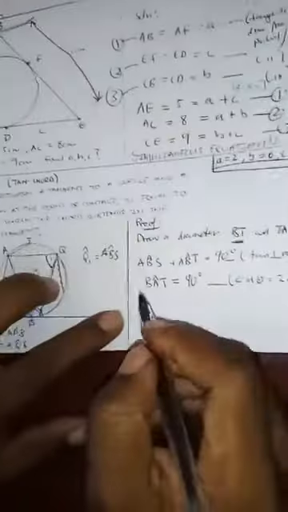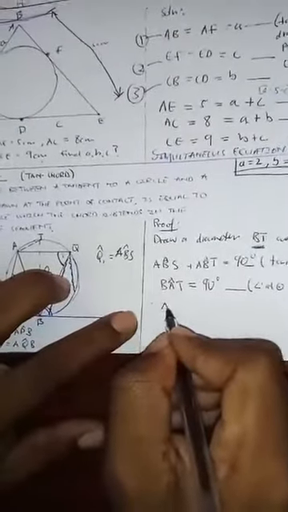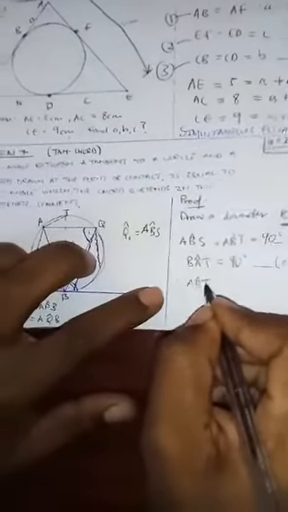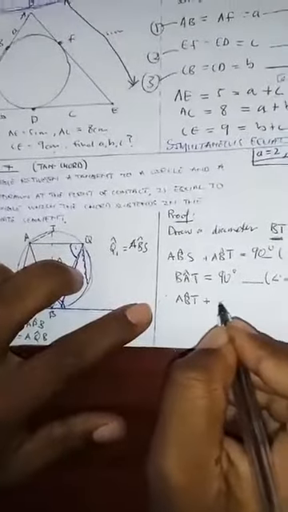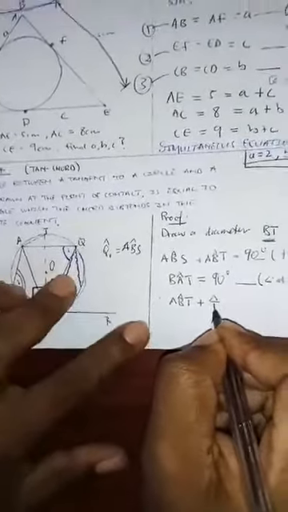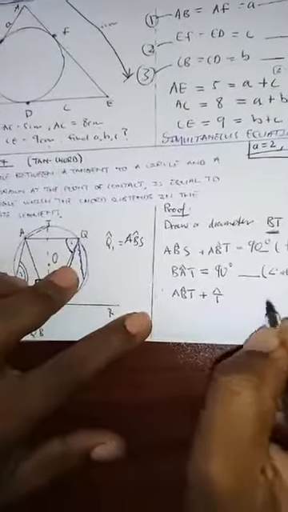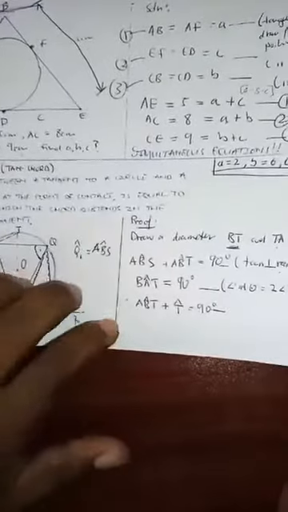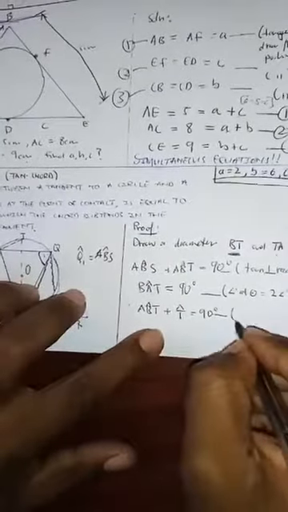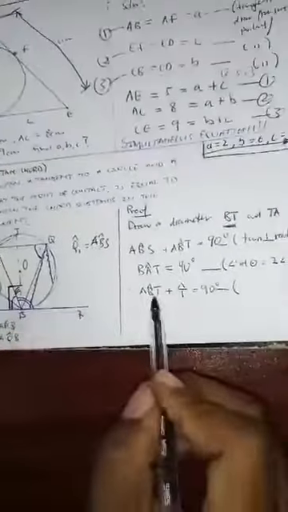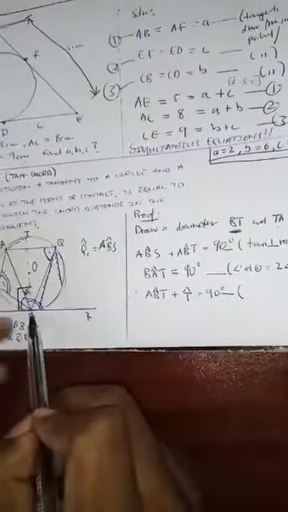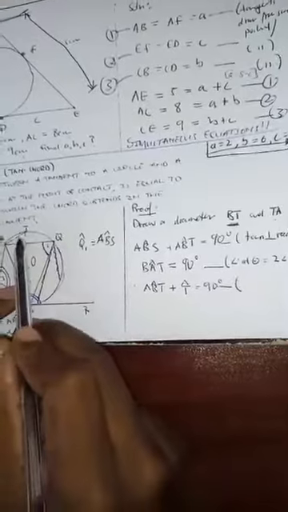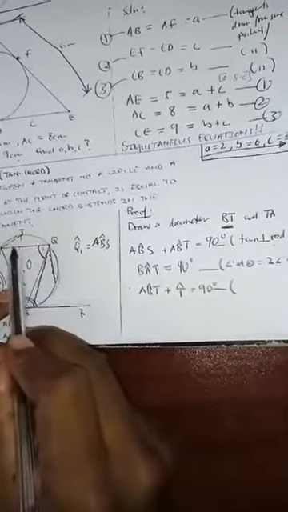Therefore, we know that angle ABT plus angle T should also be 90. Which are those angles? That angle ABT plus angle T should be 90.